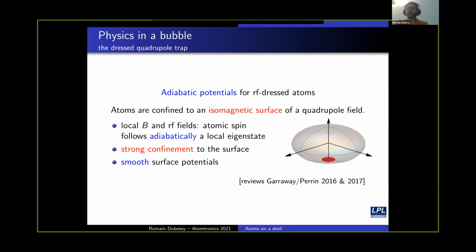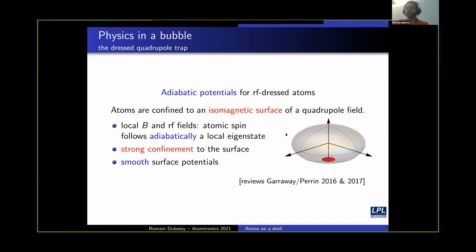And we already heard last week from the talk from Wolf von Klitzing about this adiabatic potential. Here I will use mainly magnetic fields to trap the atoms and manipulate their motion. The idea is that we get for free confinement to a surface by using the combination of magnetic field and radio frequency fields.